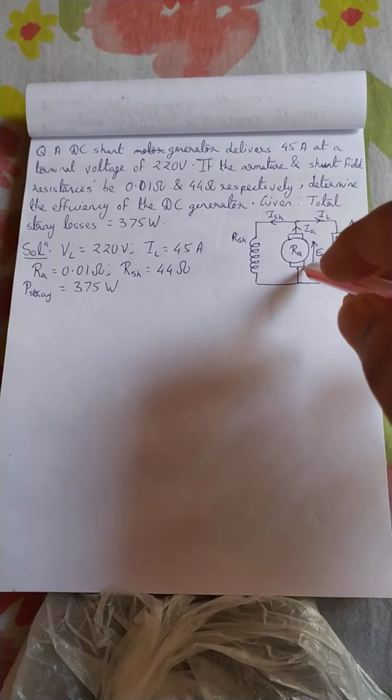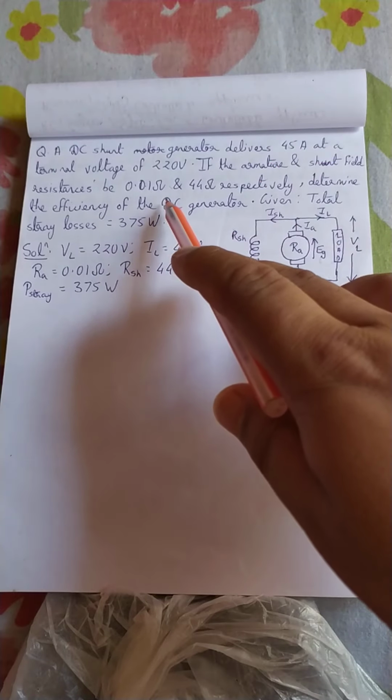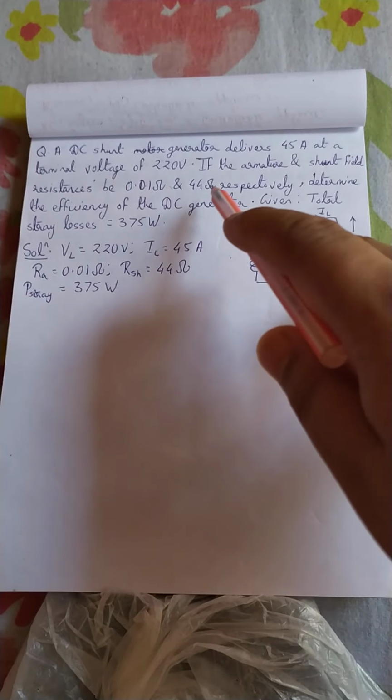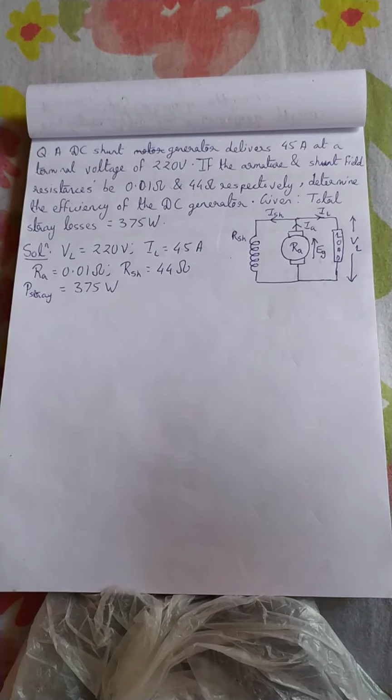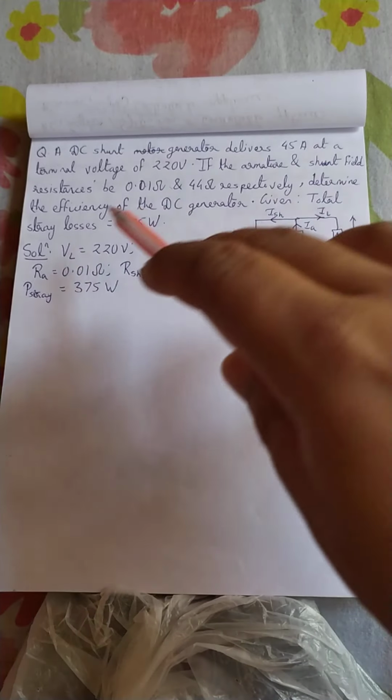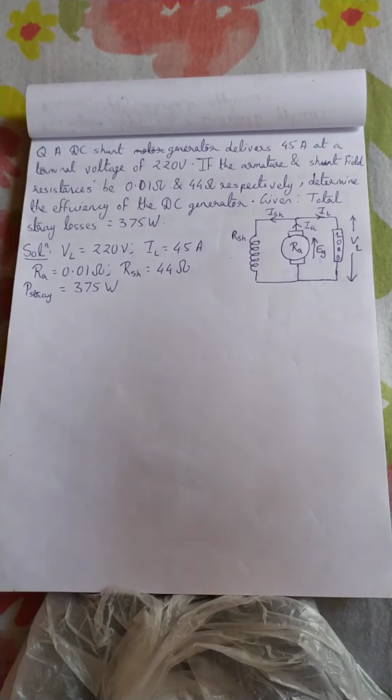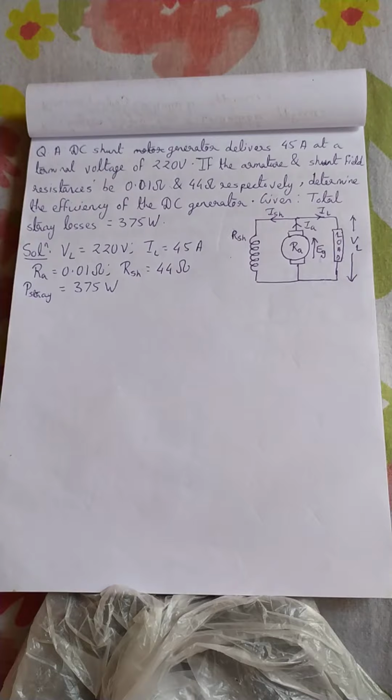Armature resistance RA will be 0.01 ohm, and shunt field resistance will be 44 ohm. We have to find out the efficiency of the DC generator. It is also given that the total stray loss is equal to 375 watt. So let's see how we are going to proceed.